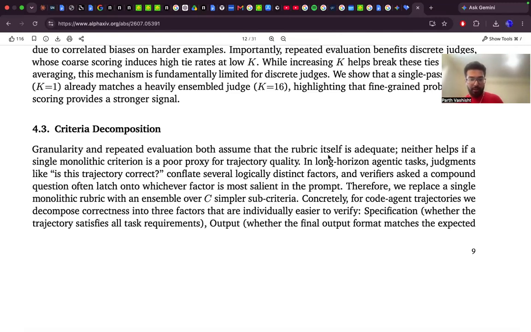In long horizon agentic tasks, a judgment like 'is this trajectory correct' basically conflates several logically distinct factors, and verifiers asked a compound question often latch on to whichever factor is most salient in the prompt. And that is very subjective. It's very dynamic and introduces consistency issues.